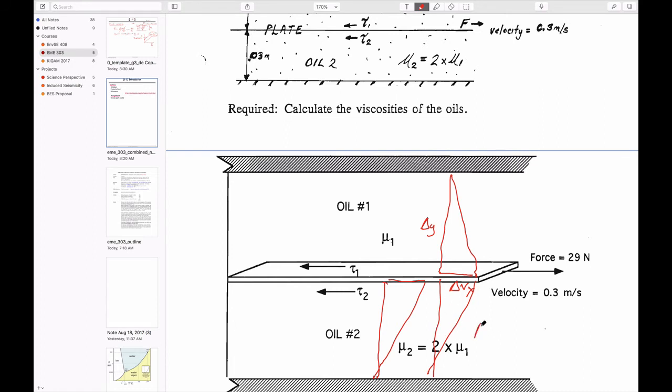If you know delta y1 and delta y2, then you should be able to calculate the applied shear stress. But the question is, what are the actual viscosities? How would you do that? Well, we know that tau 1 would be equal to viscosity 1 times delta Vy1 over delta y1.